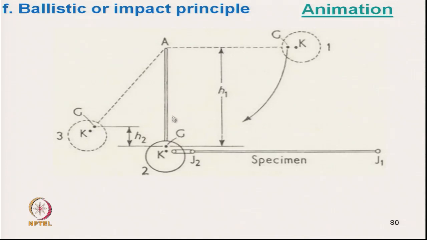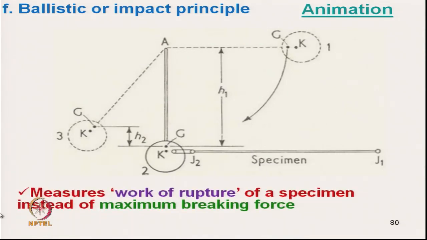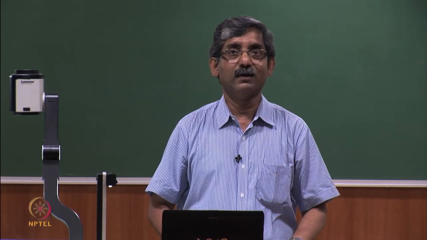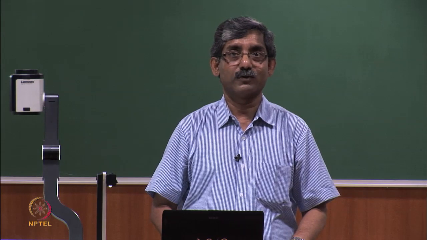So, the potential energy was up to the height h1. So, it measures the work of rupture, that is, the work done on the specimen, instead of the maximum breaking force. In this principle we can measure the work of rupture. It does not measure the breaking force.